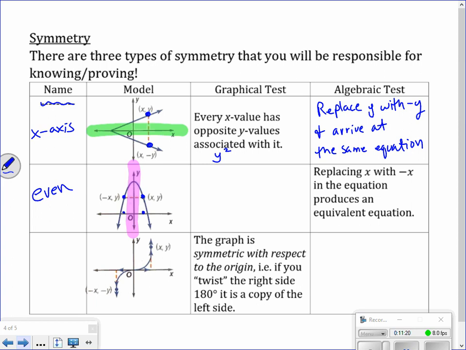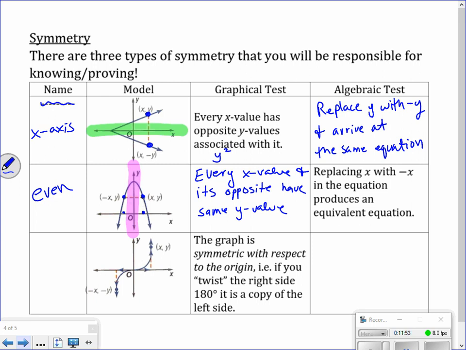So every x value and its opposite have the same y value. So in this case, if you replace x with negative x in the equation, you get the same exact answer.